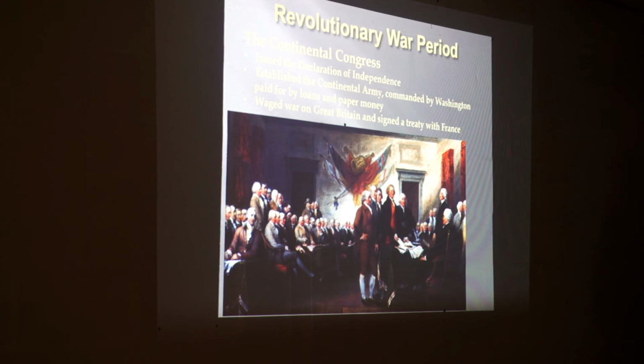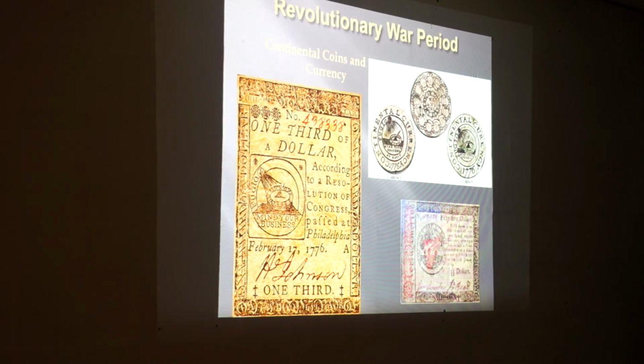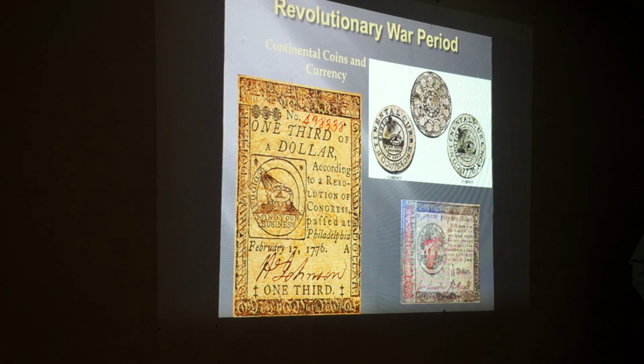They established the Continental Army and funded it, and appointed George Washington Commander-in-Chief. They raised the money, not very effectively, but they did it. And they waged war on the greatest power on earth and won, and they signed a treaty with France. So this was definitely not a do-nothing Congress.